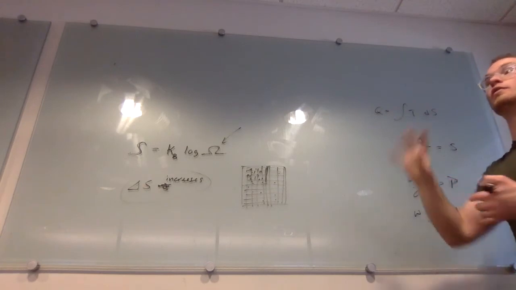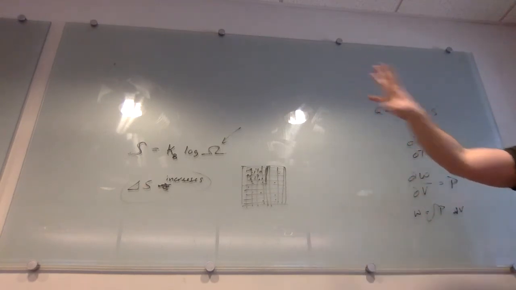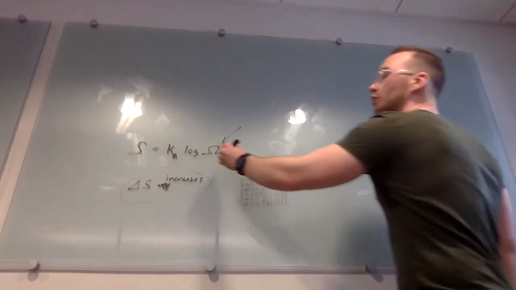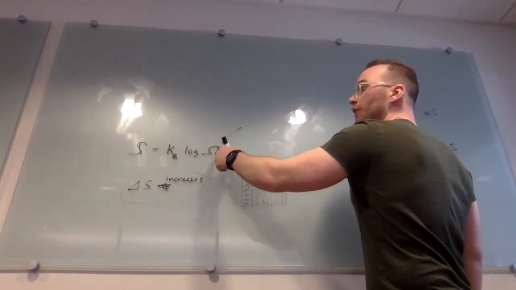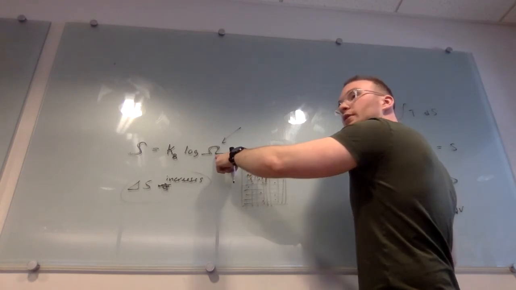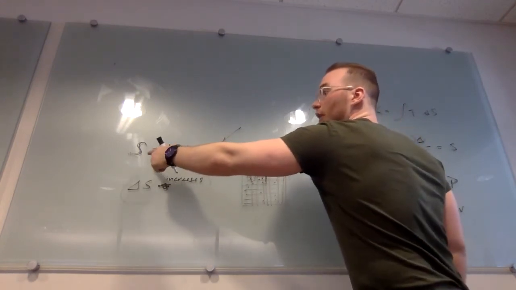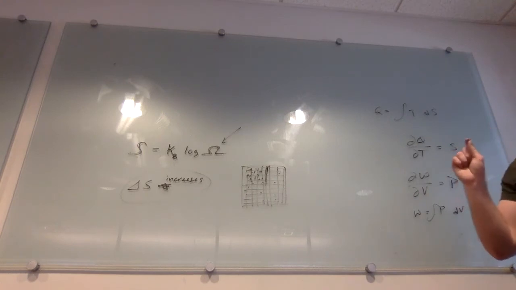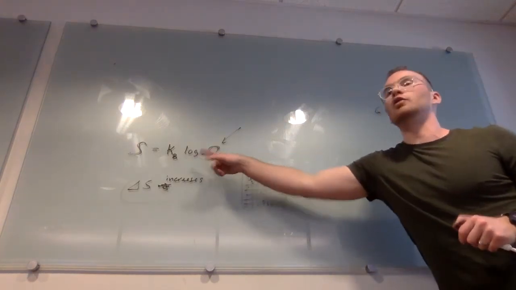So the idea is if you start them all in the corner, they will tend to fill the room, and they will tend to never go back there. Because you're going from a configuration with very few microstates to a configuration with a lot more microstates. The only difference between the number of microstates and entropy is that you take the log.